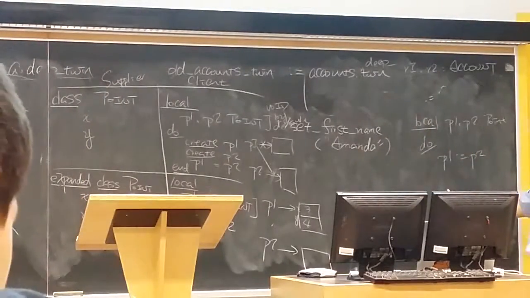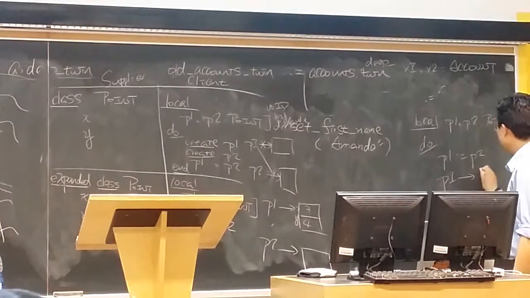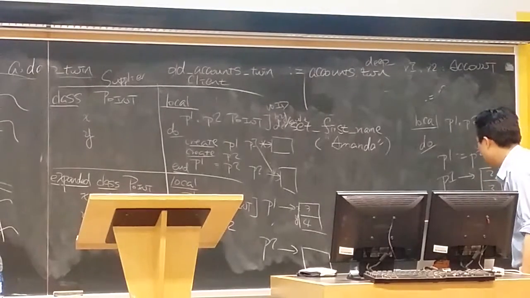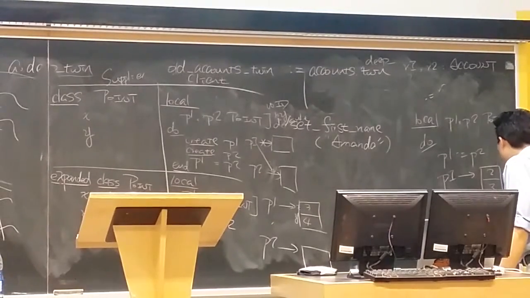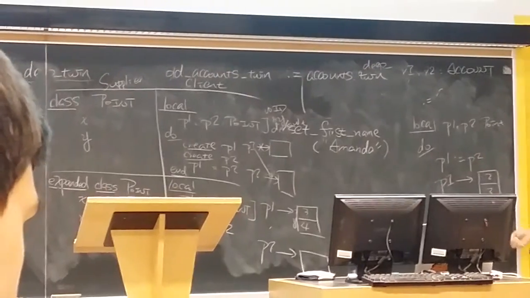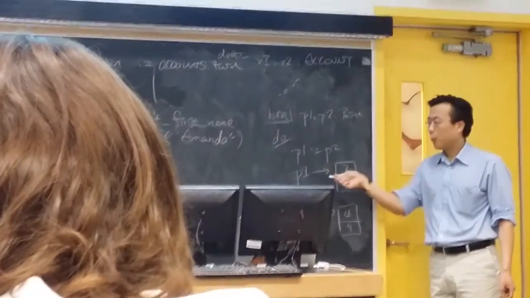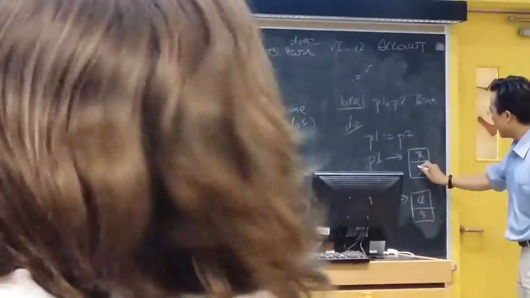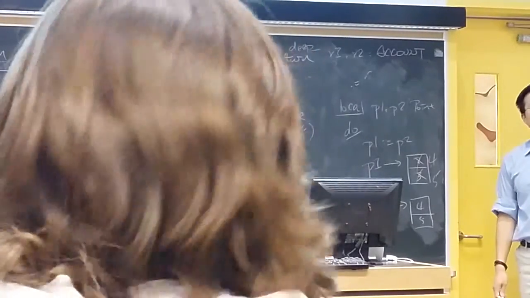Let's say P1 used to be 2 and 3 for x and y, and P2 used to be 4 and 5. What this will do is copy the content from P2 onto P1 without reattaching P1 and P2. So it will simply just move that and send it to 4 and 5.